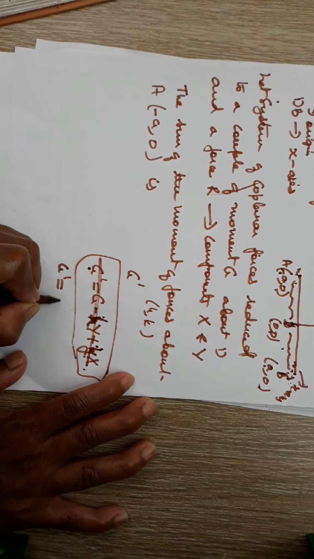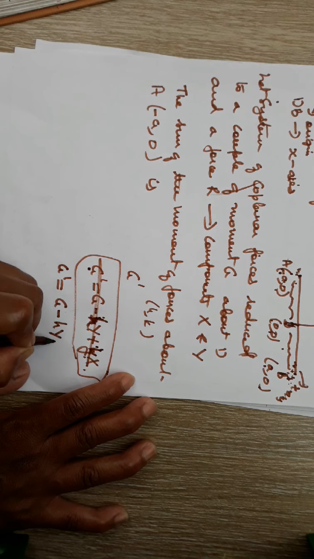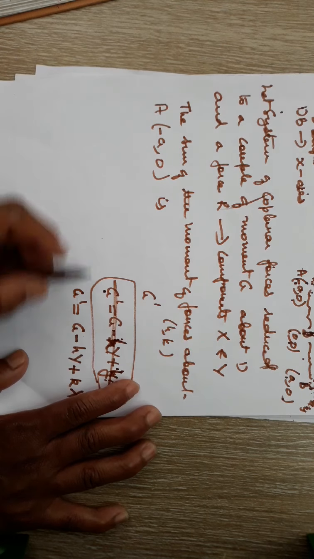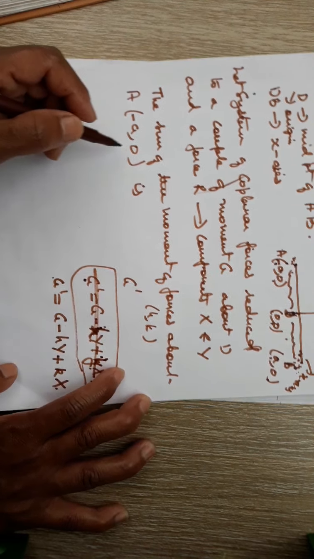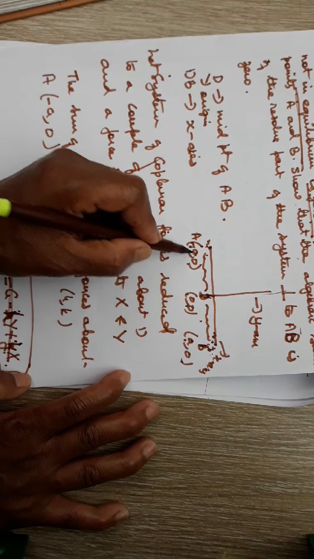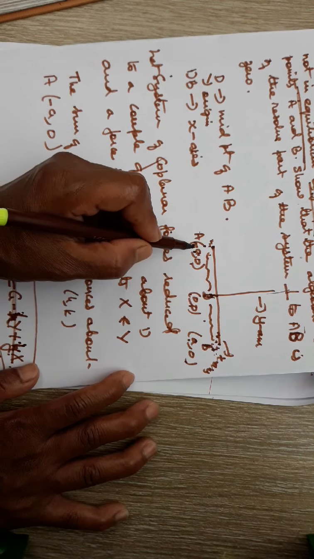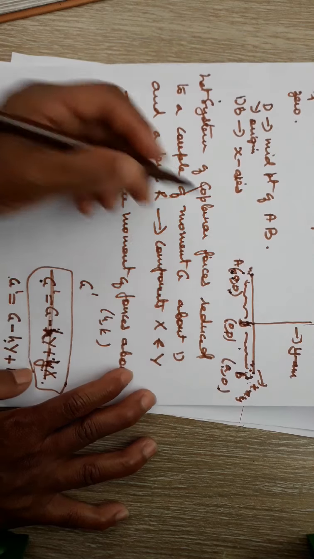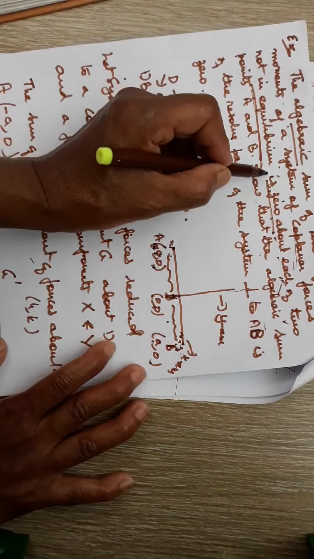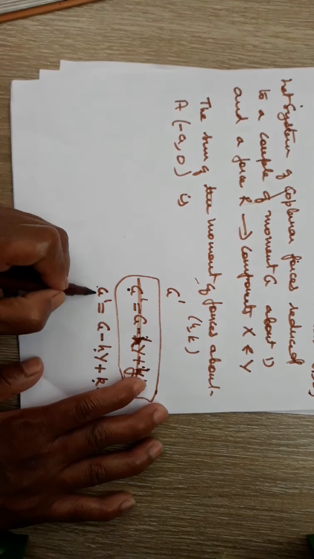G' is equal to G minus hY plus kX. But what is given here is that this point (h, k) is the point A, (-a, 0). Moreover, the sum of the moments of the forces about each of these points is zero, meaning G' will be equal to zero.